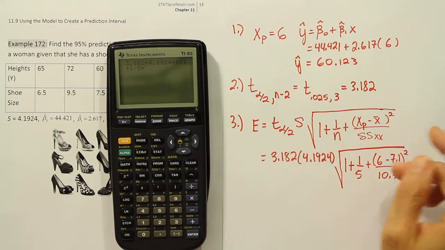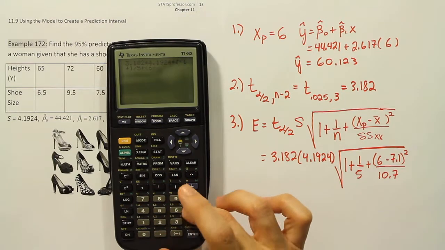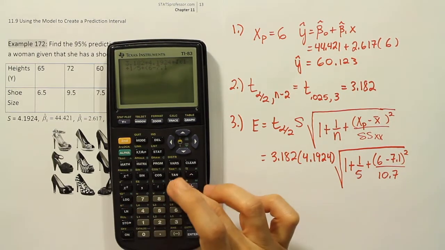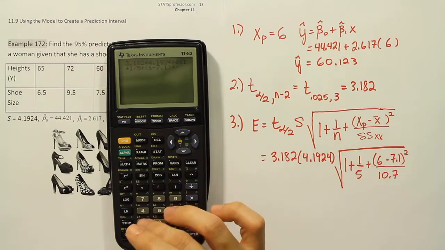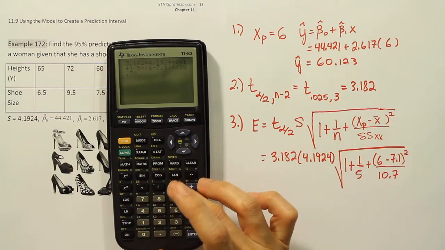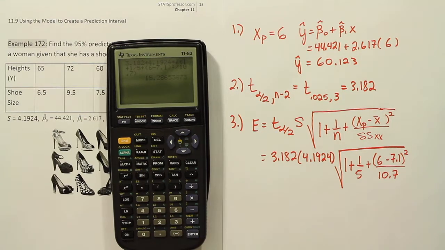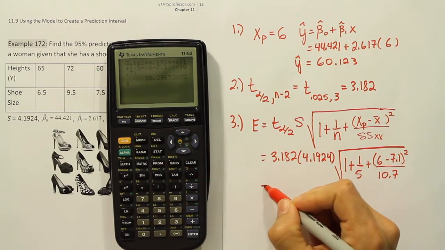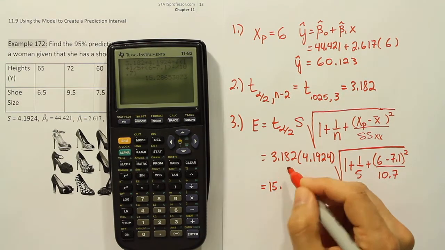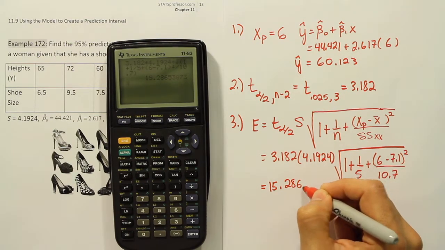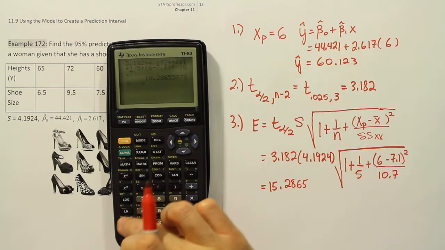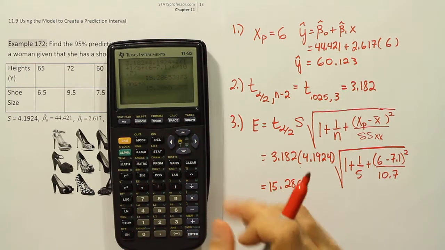Plus, use parentheses here, 6 minus 7.1, close the parenthesis, square, and then divide by 10.7. And then finally close up the other parenthesis. When you're done, you get an error here of 15.2865. I'm going to store that into my calculator so I have it for use in the next step.